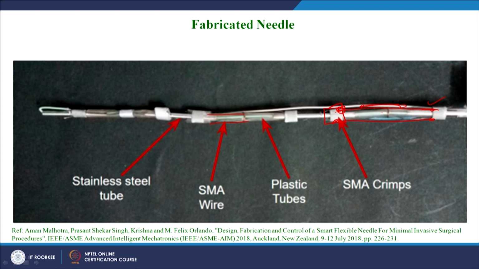So this joint is realized in such a way that, because of that contraction, the system behaves like this. Here is the crimp. Due to the contraction of this SMA wire attached on the lateral surface of the needle, we have the needle getting bent around this joint.